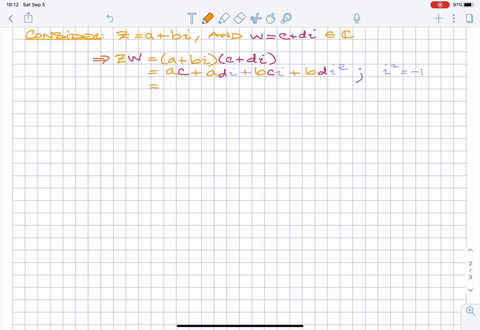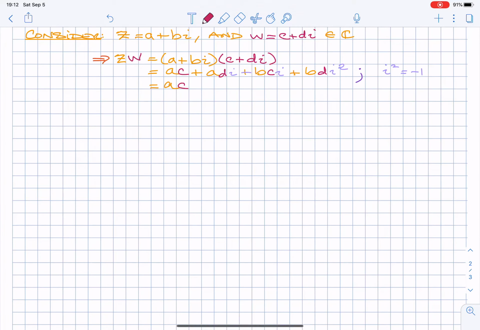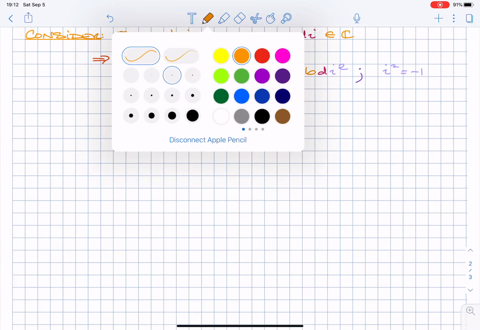Let's go ahead and do AC. What I'm going to do with the next two terms is factor out the i that they have in common. So this will be AD plus BC, all times i.